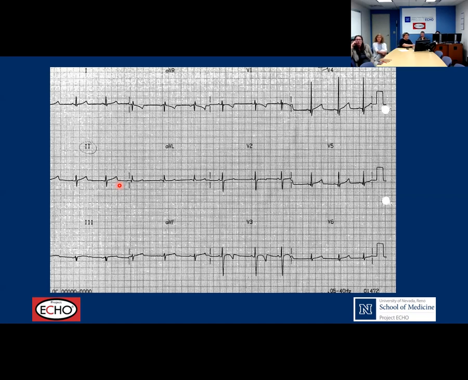The other tip-off is if you look at the T waves, there's a slow upstroke and a rapid downstroke, so they also look different. Remember that the computer may not show this. It may not read it as abnormal.